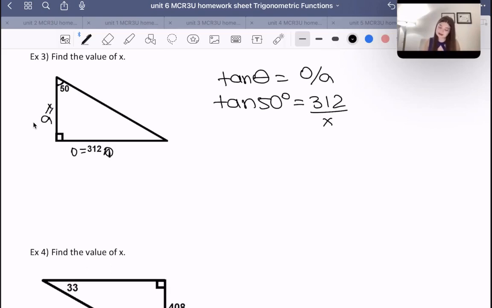Okay, next I'm going to swap x and tan 50. So I'm going to cross multiply the x over to the left and the tan 50 down to the right. So x is equal to 312 divided by tan 50.